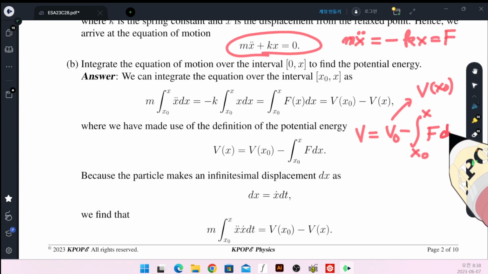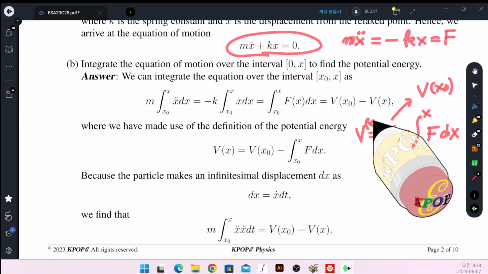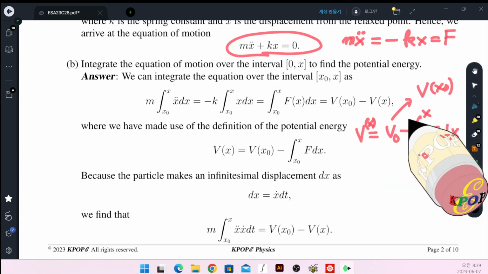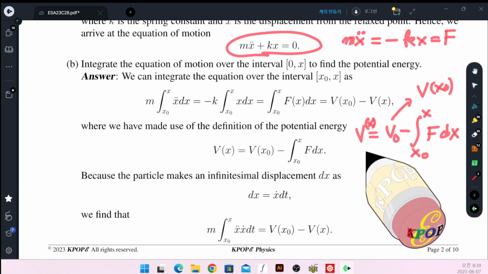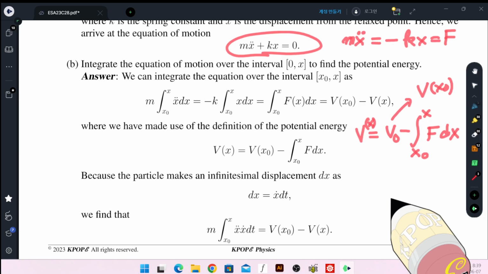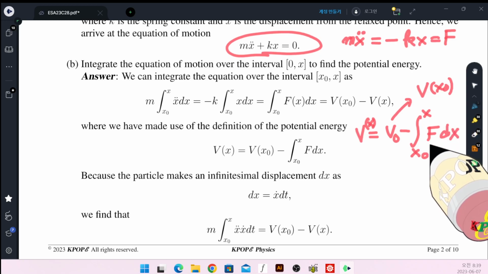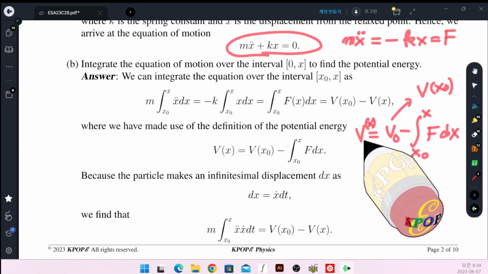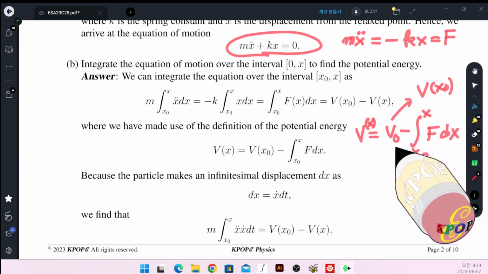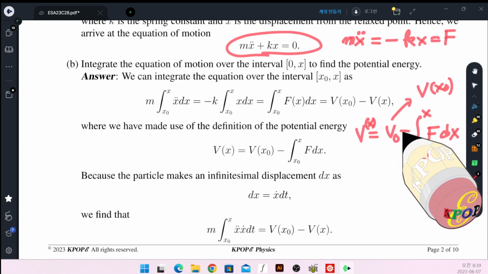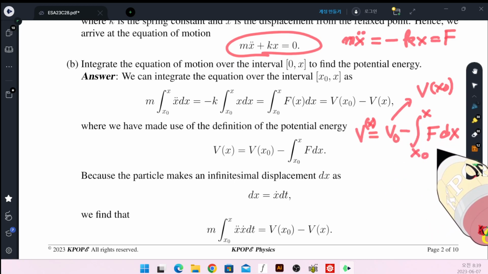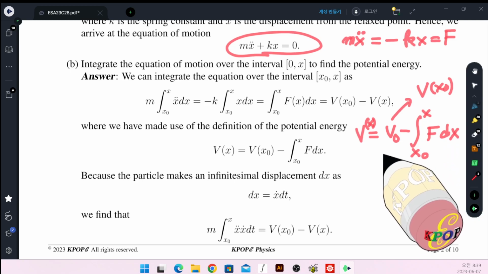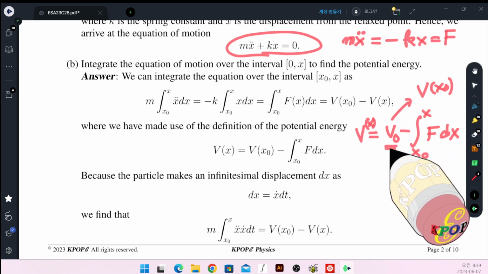This is the definition of potential energy evaluated at an arbitrary position x when the force is conservative. Because the definite integral uniquely exists, the potential energy is well defined up to a constant that is arbitrary.